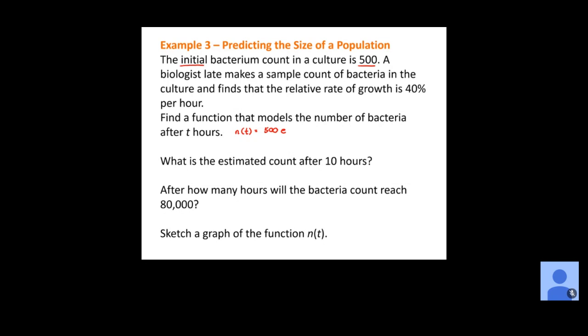It's because we're given the rate of growth that tells me we're using this formula. Then we're going to do our rate. Remember, we want to convert our rate to a decimal, so 40% is just going to be 0.40 or 0.4. And then we need our t in there. So there's our model.